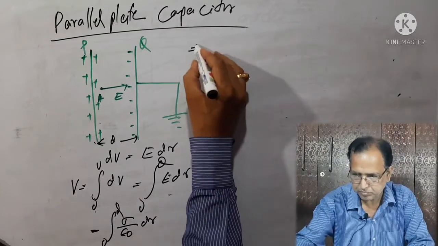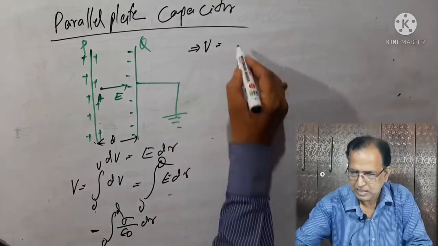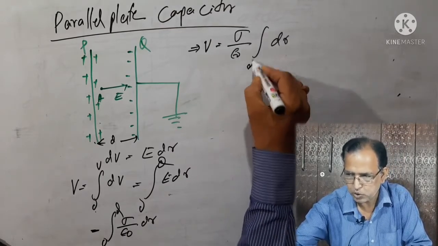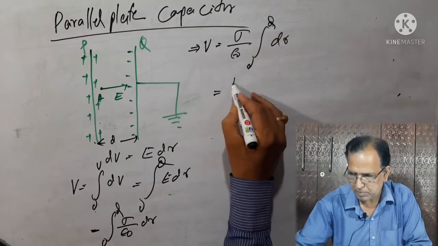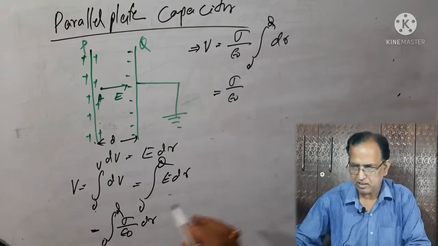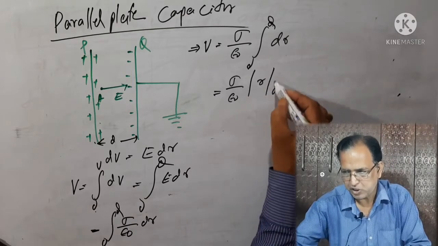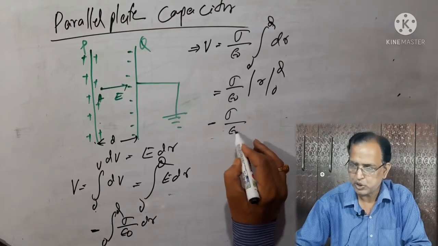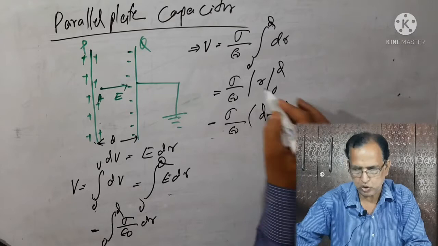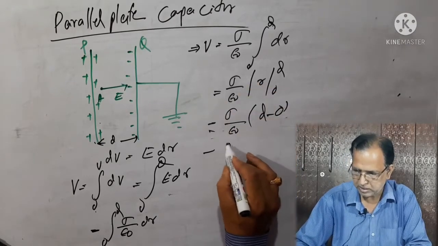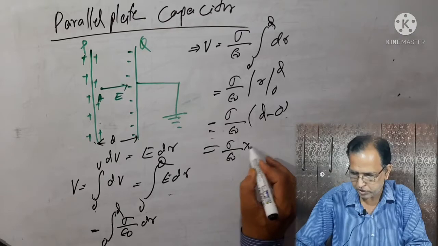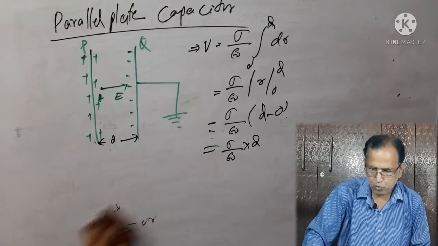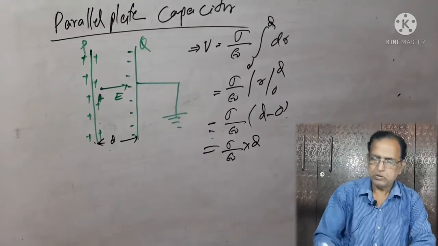So, this implies V is equal to sigma by epsilon 0 times integration dr from 0 to d. The integration of dr is r, with limits 0 to d. So, that is sigma by epsilon 0 into d minus 0, upper minus lower, that is sigma d by epsilon 0. So, this is V. What is sigma?